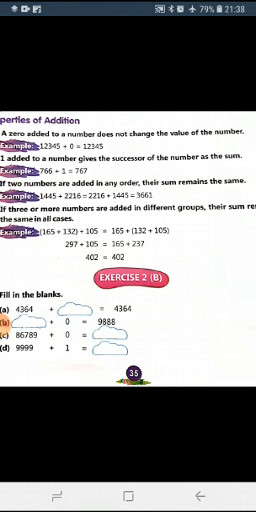Now beta, we will be learning more about solving brackets later on, in some chapter. I'll just explain it here right now: whenever there is a bracket, meaning ये जो curve दिख रहा है आपको 165 और 132 के आसपास. Now when you take it in the bracket, you will always add these two numbers first, the ones which are in the bracket.